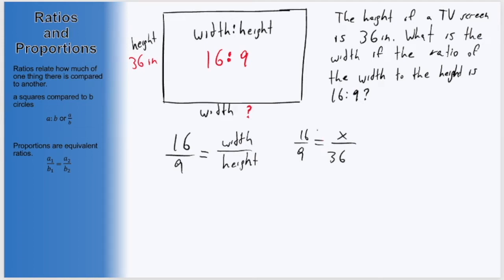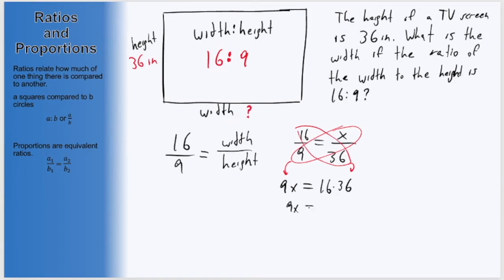The easiest way to solve proportions is typically to use cross multiplication. That is, we multiply across the diagonal and equate the products. In this case, multiplying along this diagonal gives us 9 times x, while multiplying along this diagonal will give us 16 times 36, and these two products should be equal.